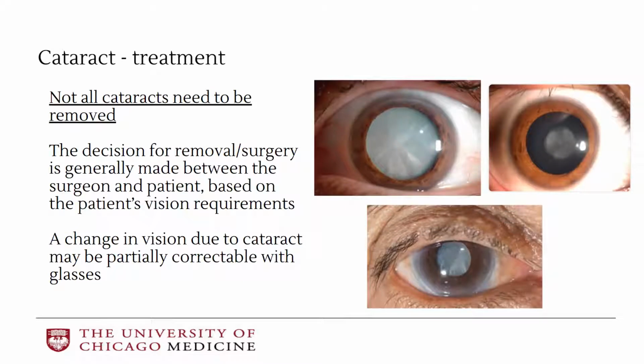So again, not all cataracts need to be removed, and the decision for surgery is made between the surgeon and the patients, depending on the patient's vision experience and vision requirements.